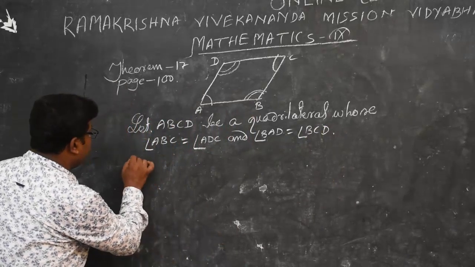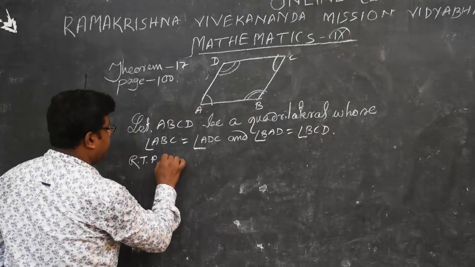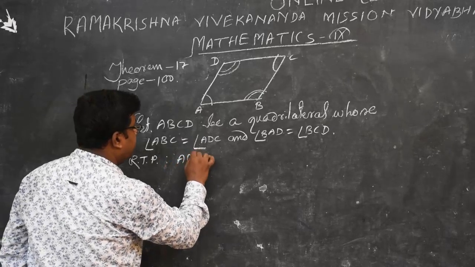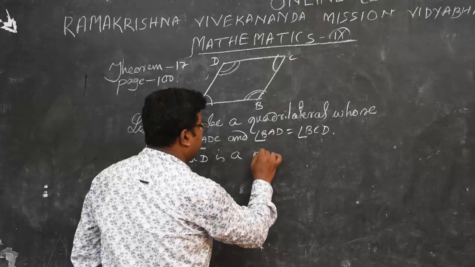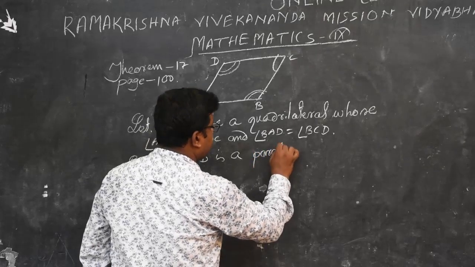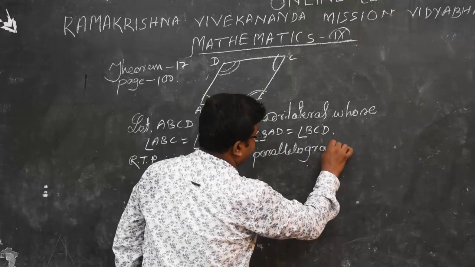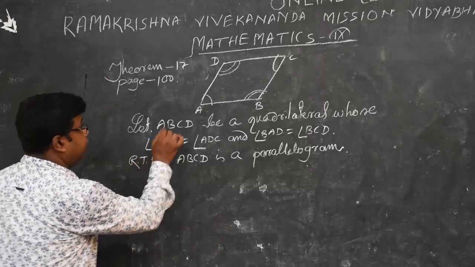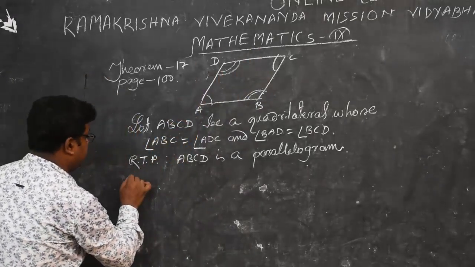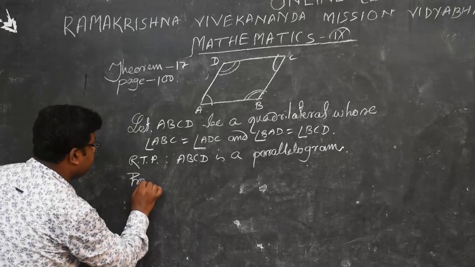Required to prove: ABCD is a parallelogram. Now the proof. Here construction is not required. Now we are going to start the proof.